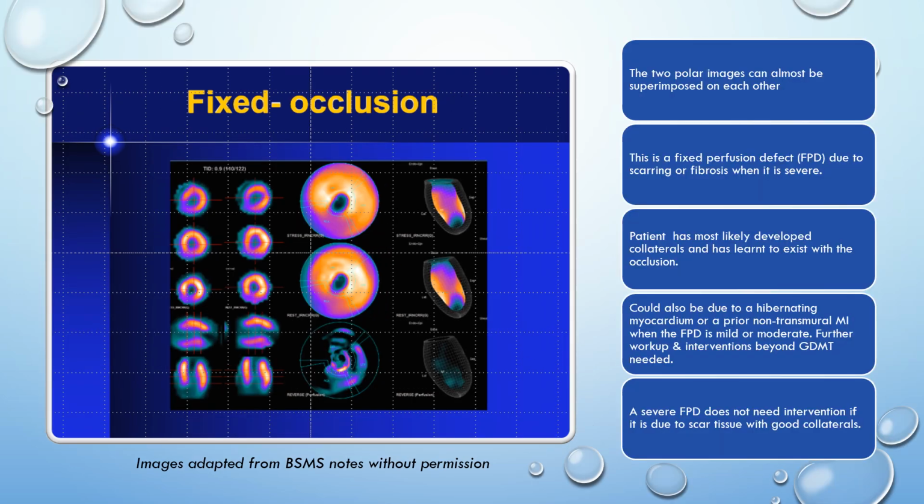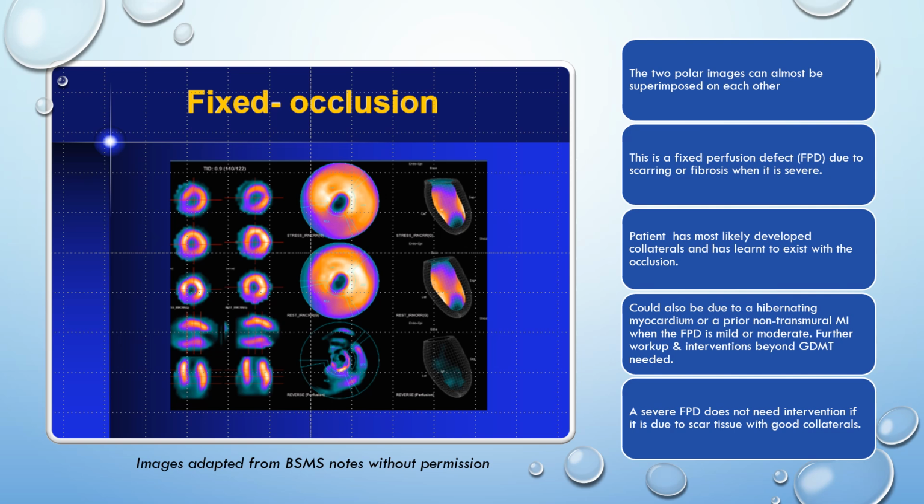We now go to the fixed occlusion. Here you can see that both the rest panel and stress panel have the same defect. In fact, you can literally superimpose the rest on the stress panel and it will just be the same. So this is what is known as a fixed perfusion defect.